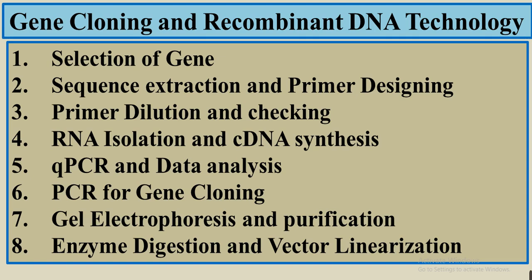And then we can do the enzyme digestion, what type of enzymes we have to use for the digestion of our gene, and also of the vector that we are using for that cloning.